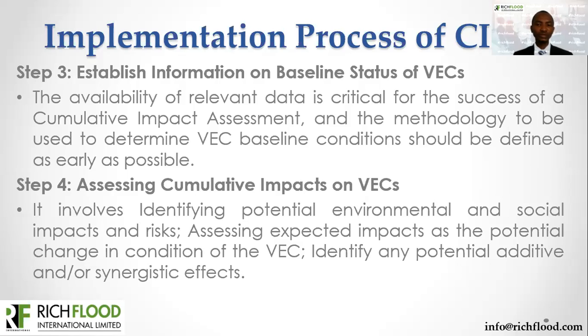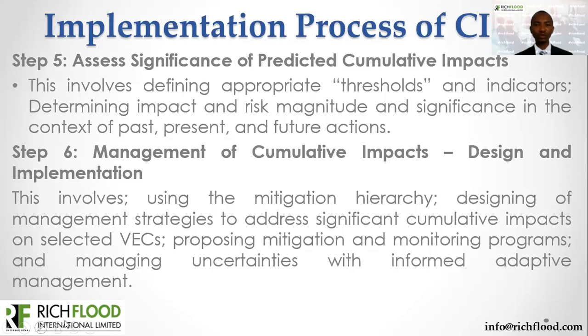So the fifth stage in implementing the cumulative impact assessment has to do with assessing the significance of a predicted cumulative impact. So we have to look at the significance of the impact that has been predicted as a result of a cumulative impact of several projects within an area.